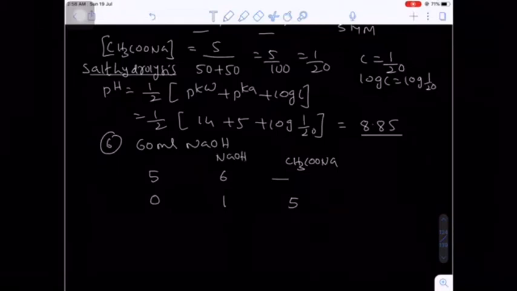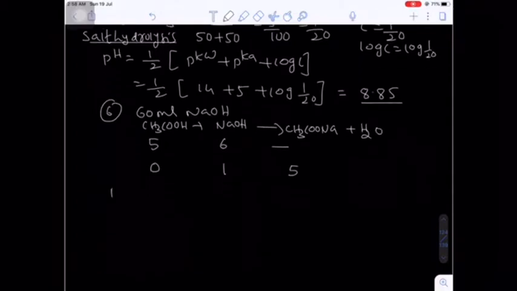Are you getting my point? Now in the solution you have the salt, CH3COONa, and one strong base NaOH, and the weak acid, acetic acid, is completely consumed.